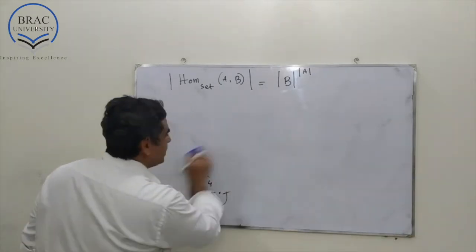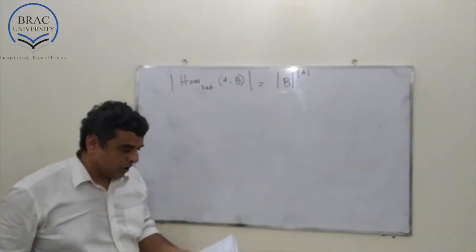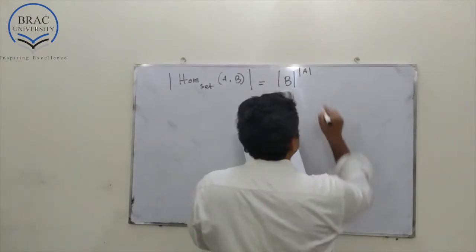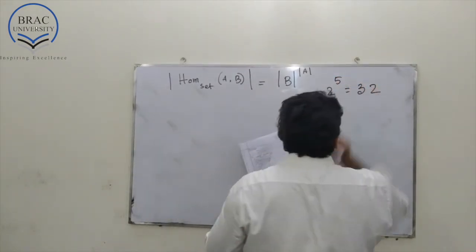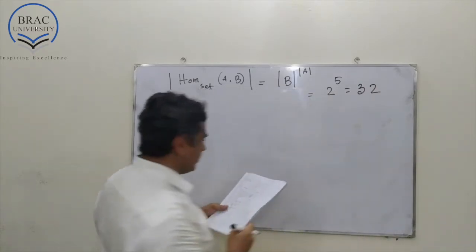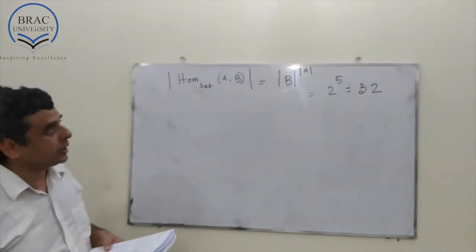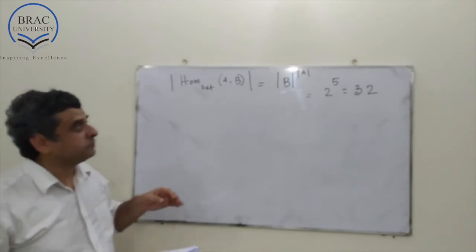It immediately gives you 2 to the power 5, which is 32, because there were 5 elements in the set A and 2 elements in the set B.